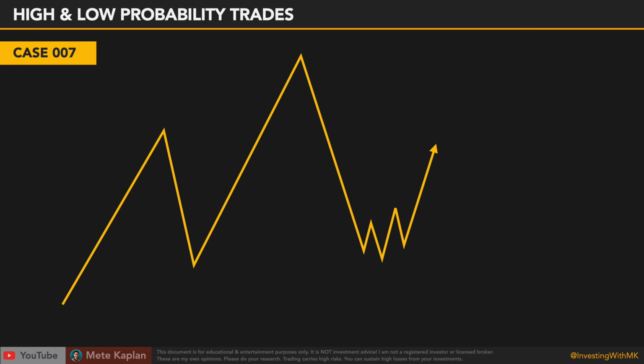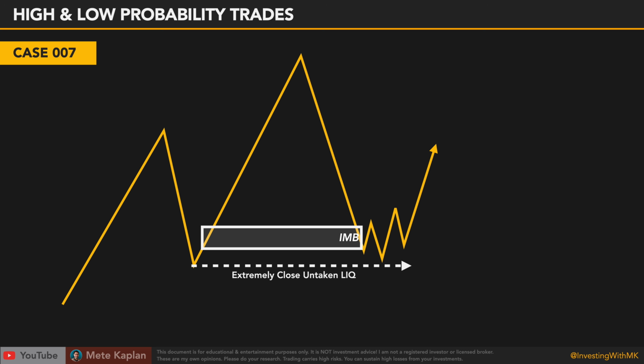Now, this is a situation we all encounter. In a clear uptrend, price retraces back to an important demand area or a very significant imbalance. Great place to look for an entry, right? However, if the reaction is extremely close to a significant swing low and starts to rise from there, I immediately have my questions in my mind.